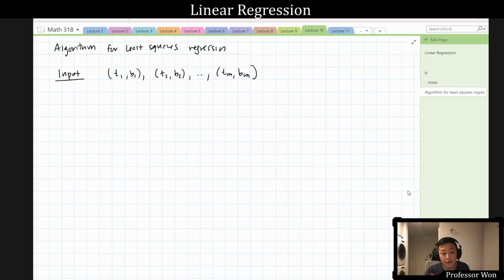Again, you can think of square footage as your T's, and home prices as your B's, and you went and collected M different houses. The output of this algorithm is the line L that fits the data the best.